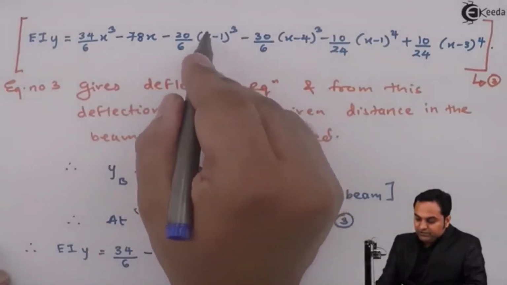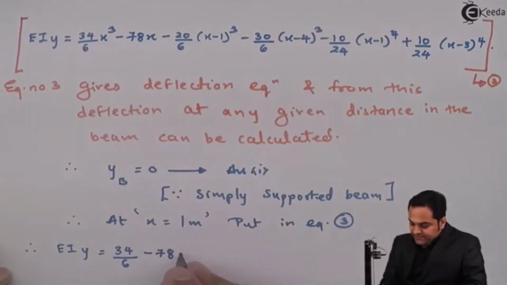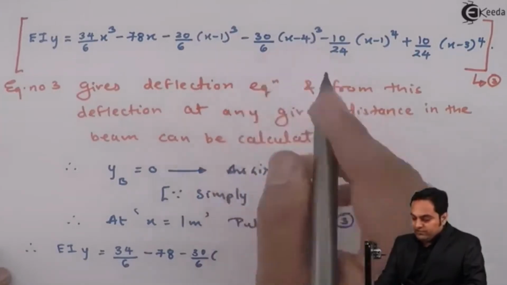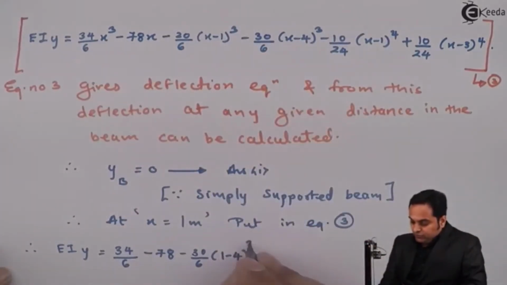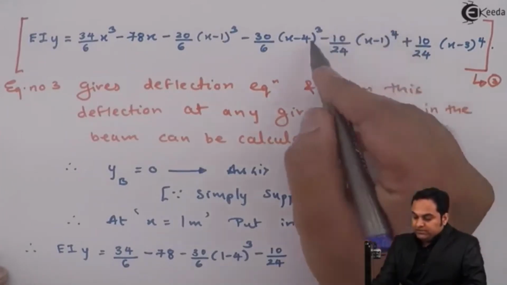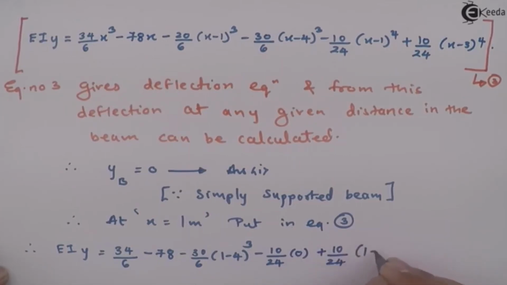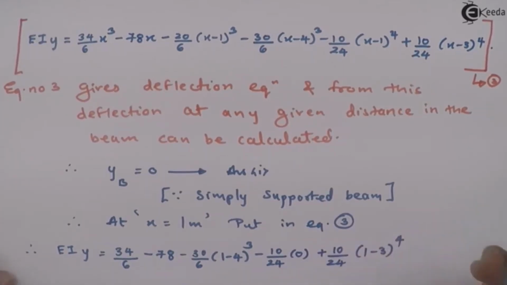Next, if I put 1 here, that becomes 1 minus 1 is 0, so this term is neglected. Next, we have minus 30 by 6 into x minus 4, that is 1 minus 4 whole cube, minus 10 by 24. Here again we have 1 minus 1, so this term gets eliminated. At last we have plus 10 by 24 into 1 minus 3 raised to the power 4.